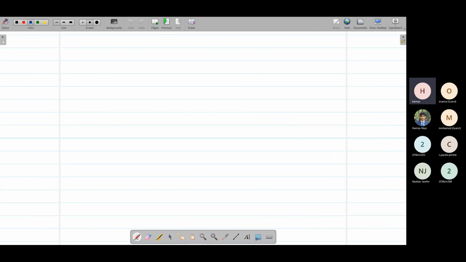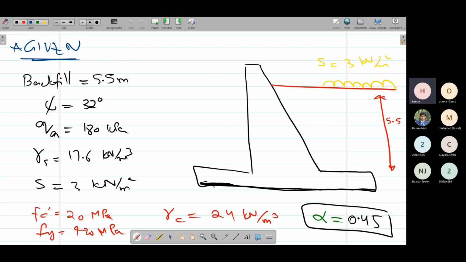First of all, we have to determine the dimensions of this retaining wall. For example, what would be its height? This middle wall portion is known as the stem.